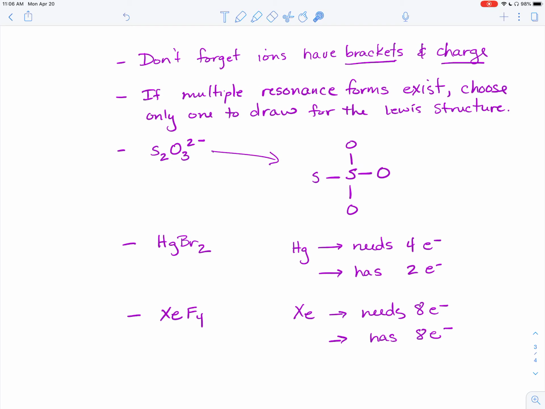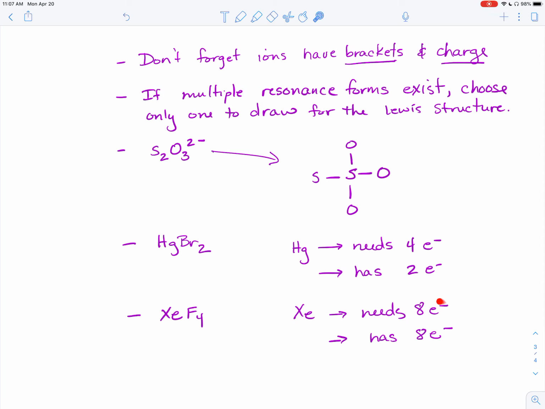So it has 2. This compound down here with xenon, XeF4, is a noble gas. And so it is a little weird to have a noble gas bonded to other elements, and that can happen under certain conditions, and this is one of those molecules. But I just wanted to reiterate some things about the NASA table calculations that you'll need to be able to do.